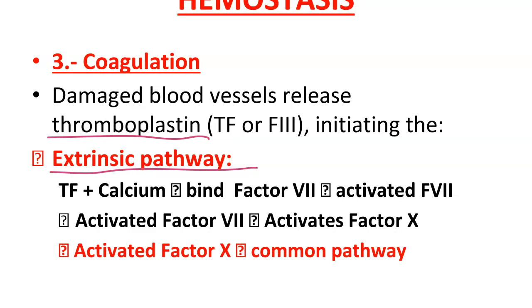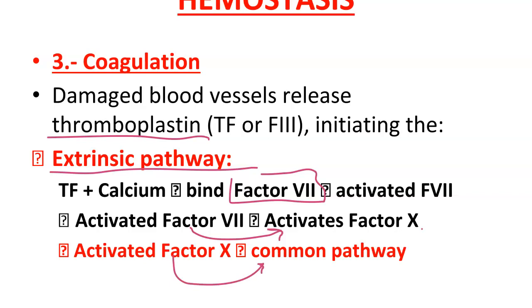Thromboplastin binds to calcium, which binds to a protein called factor 7, and this activates factor 7. Activated factor 7 in turn activates factor 10. Factor 10 in turn activates what we call the common pathway.